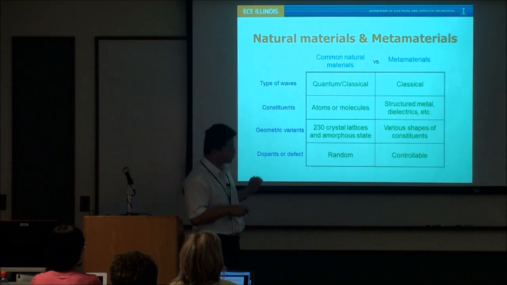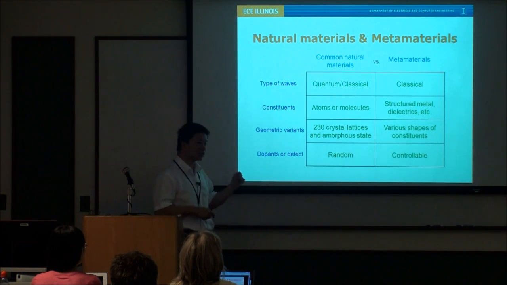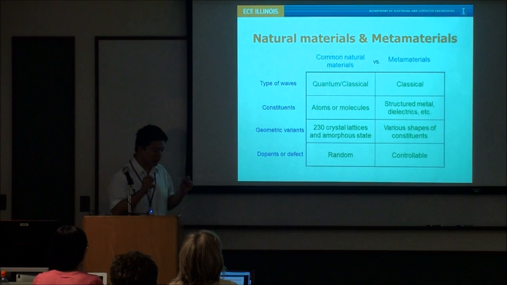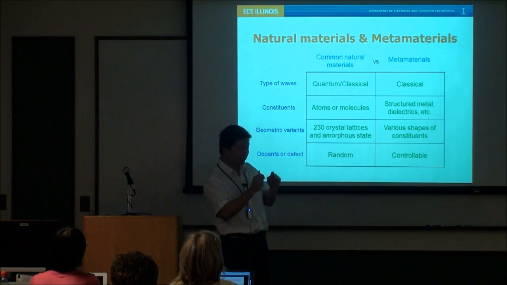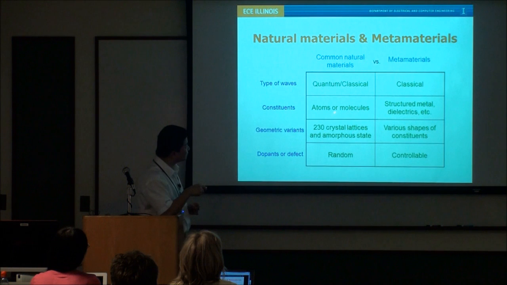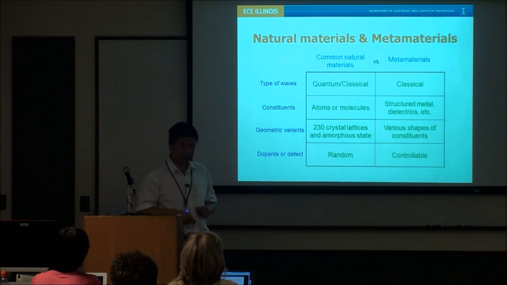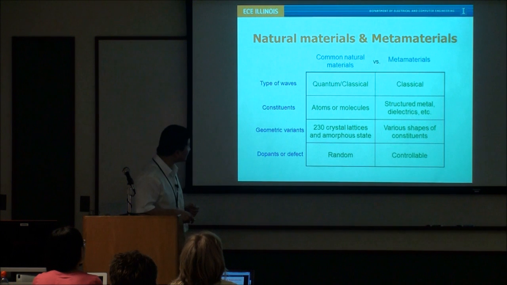As long as you have the ability to create structured metal and dielectric materials, you can always engineer two-dimensional or three-dimensional structures with a composite of metal and dielectric, and then you can create so-called metamaterials. So we don't get down to the atomic level for metamaterials.